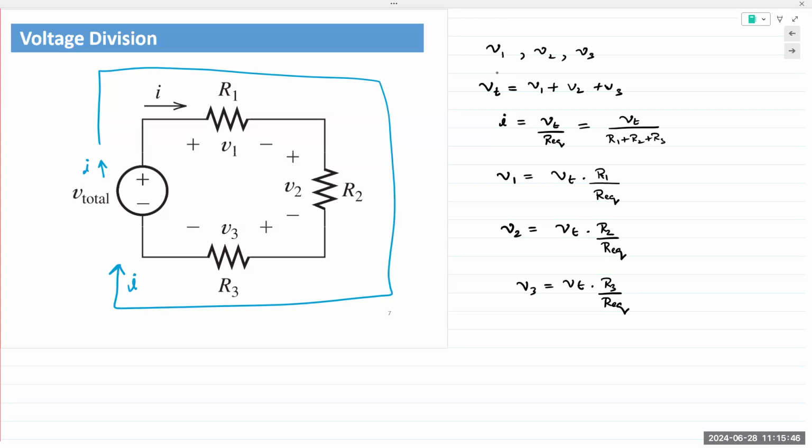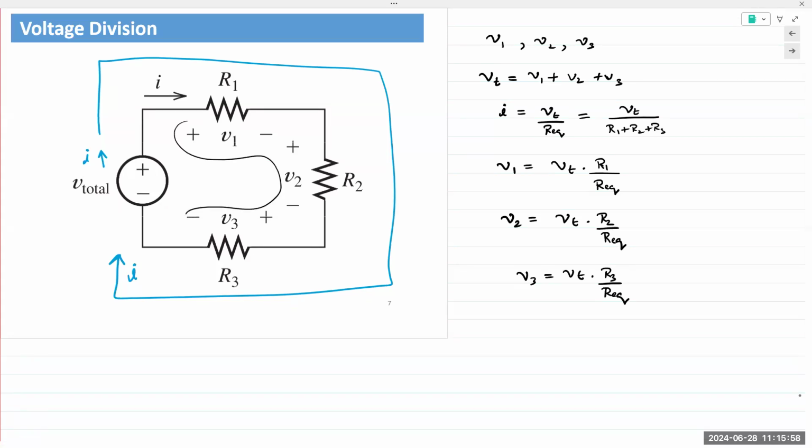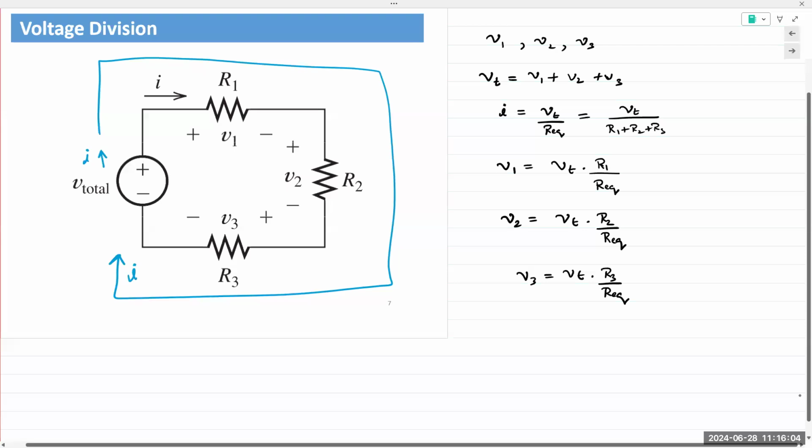Does that make sense? We find V1 and V2 and then do V1 plus V2. A series connection of resistors or series connection of voltages will always break down in that polarity that is shown. So it'll always be plus minus, plus minus, plus minus, and so on.